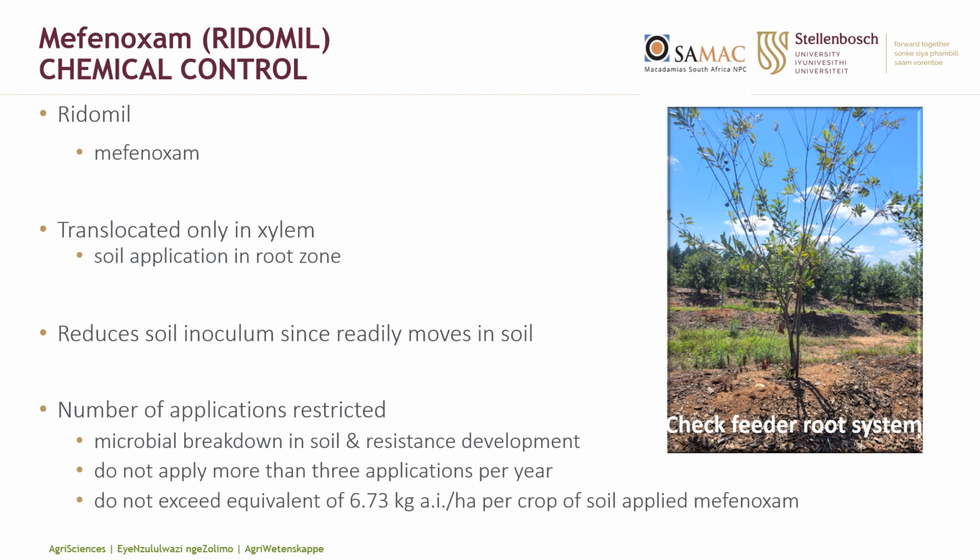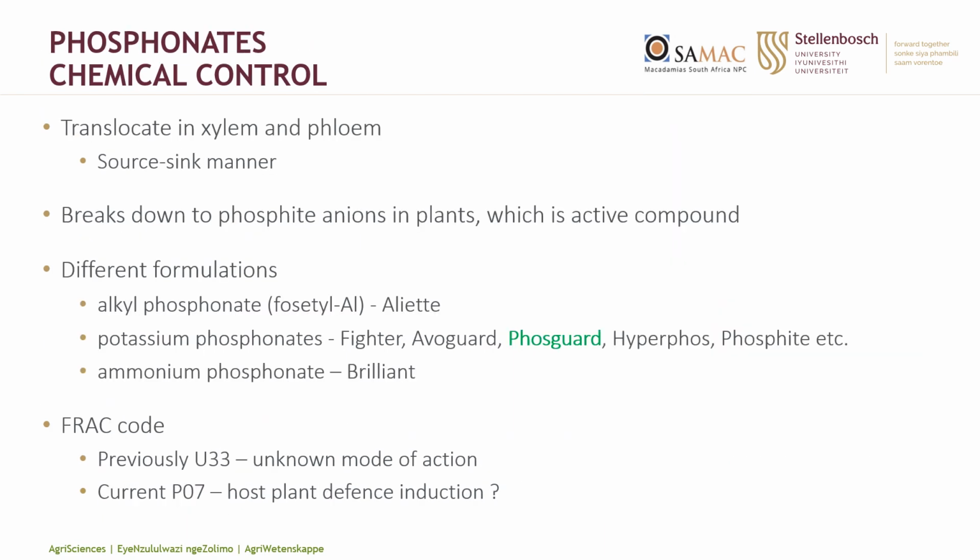One important aspect to remember is that Ridomil is prone to microbial breakdown as well as resistance development. So therefore, strictly adhere to the recommendations of the label according to the number of applications and the amount of product that can be applied in an orchard.